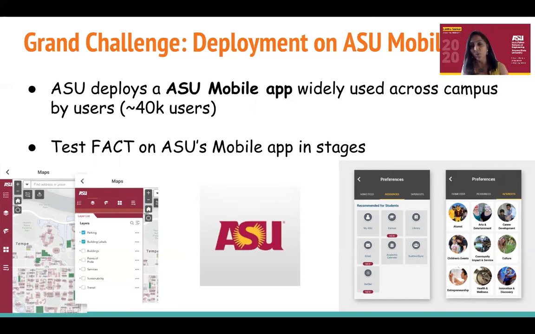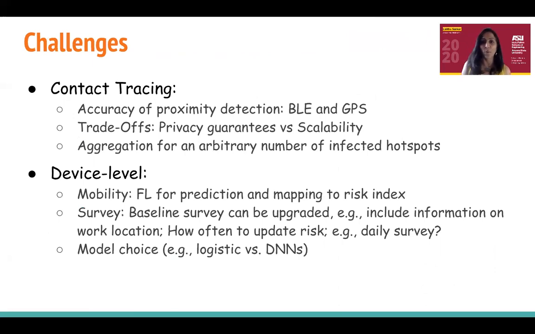So the goal is as soon as we build this in an emulator environment in the lab using Android phones and iPhones, our next step is to use a small set of users where we can deploy this app via an API into ASU's mobile app, which is really widely used across campus, and then test various facets of our own development. And then hopefully in a year, we can actually deploy it across all users of the app. And that's where we're at on this project.